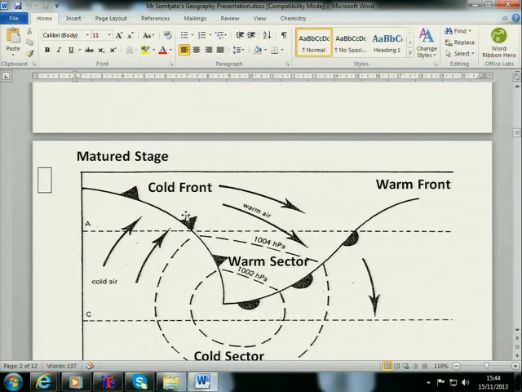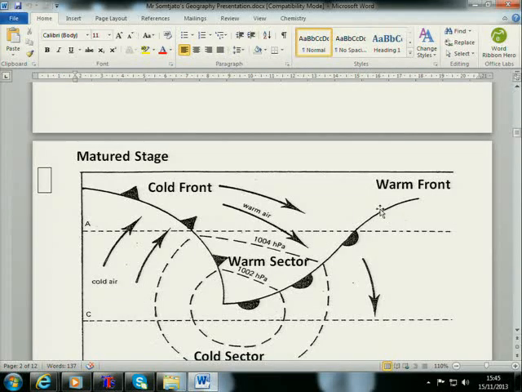The cold front is sharper than the warm front. The warm front is a semicircle, as we can see. It is not sharper like the cold front. So this one is called the cold front, and this one is called the warm front. Apart from the polar front that we have seen in the beginning, now we have the cold front and the warm front.